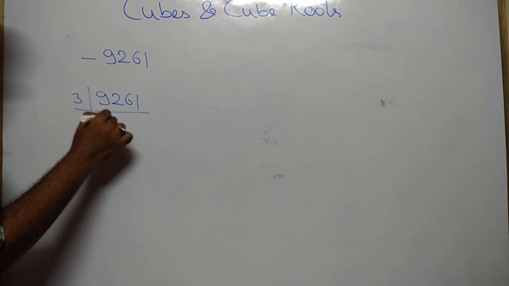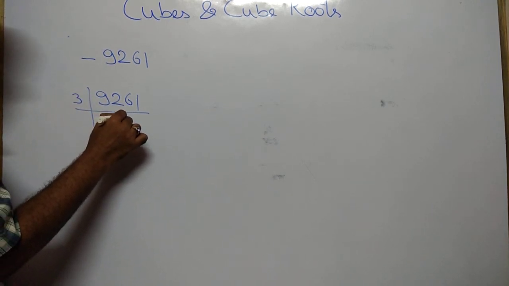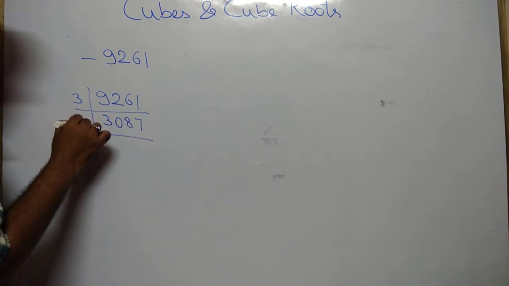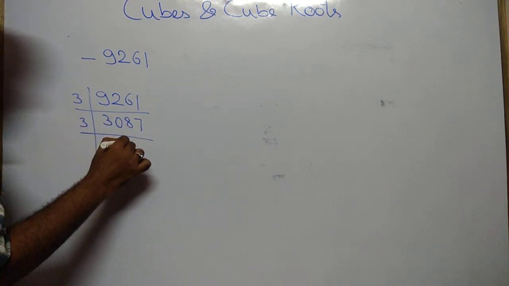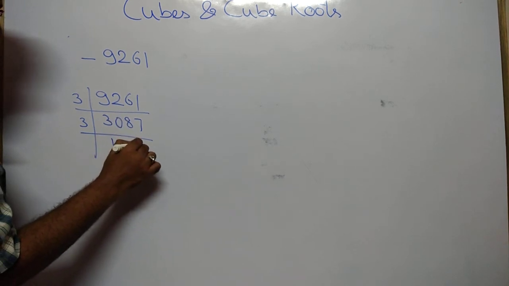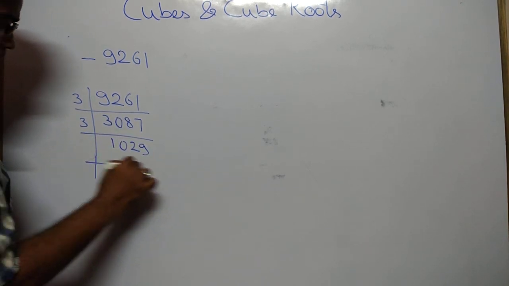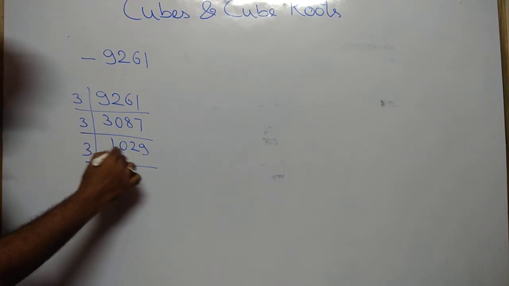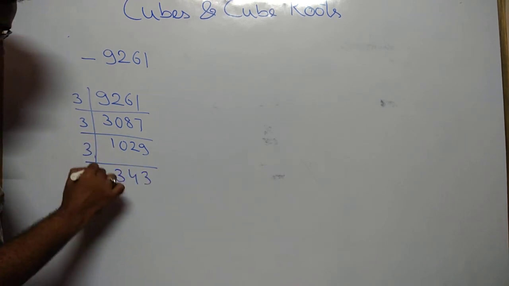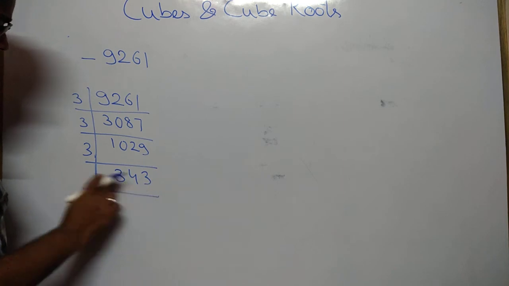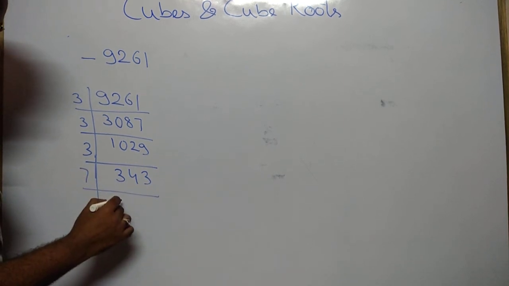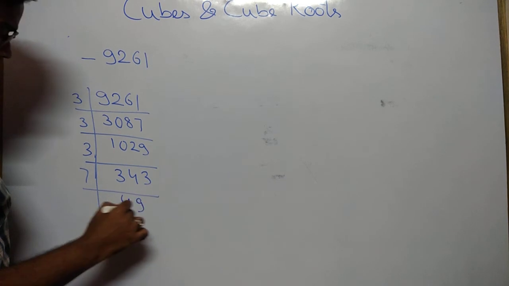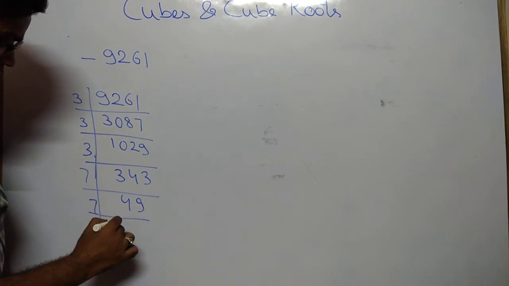3 threes are 9, 3 eights are 24, 3 sevens are 21, 3 ones are 3, 3 twos are 6, 3 nines are 27. Once again 3 threes are 9. It's not divisible by 3, so try 7. 7 fours are 28, 7 nines are 63, 7 sevens are 49.